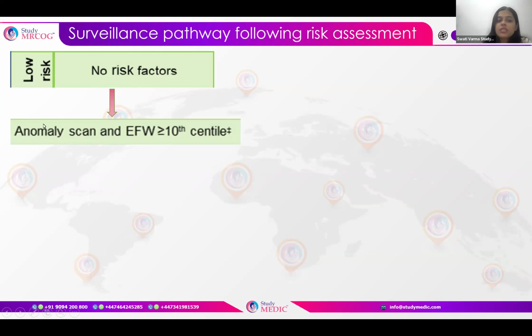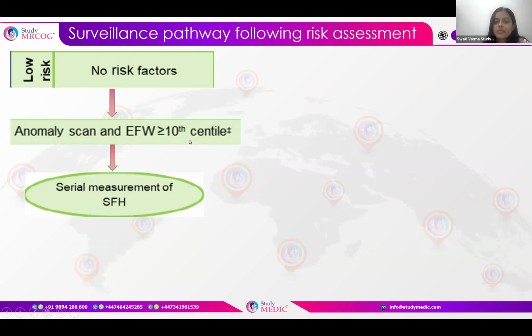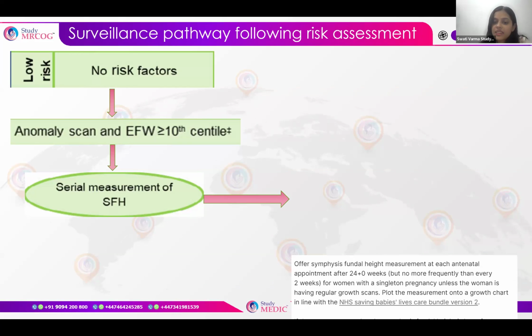Then an anomaly scan is to be offered to all women, whether high risk, low risk, moderate risk, just like we all know. And we evaluate the estimated fetal weight. If it is more than or equal to 10th centile, then it is all right. That is, we can undergo routine surveillance through serial measurement of SFH, that is symphysiofundal height, just according to NICE guideline.